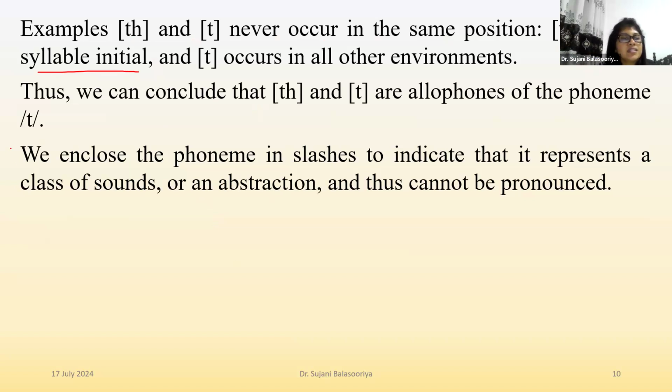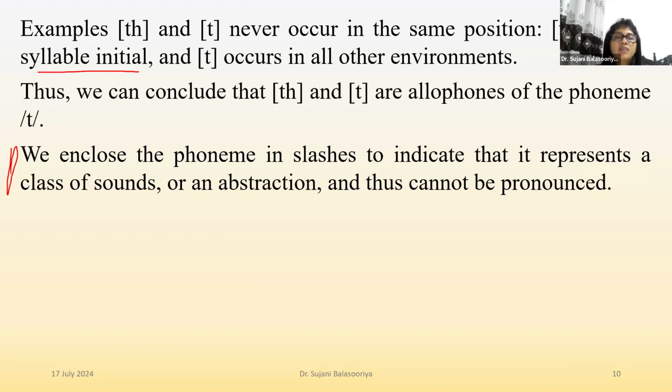So this is about the use of the symbols, slashes, right? Remember that when you write your answers, if you happen to write phoneme and allophone, show it in your writing. If you are writing a phoneme, you need to put the symbol in between two slashes.